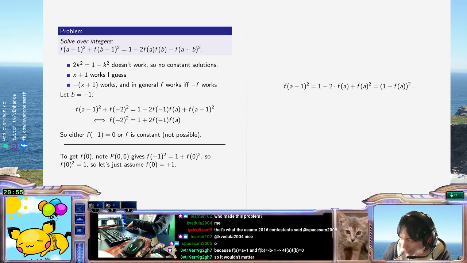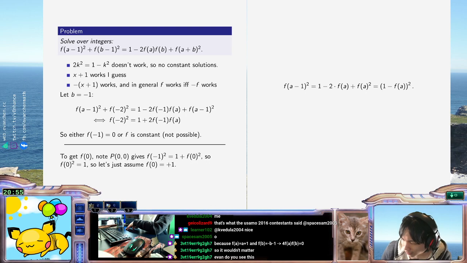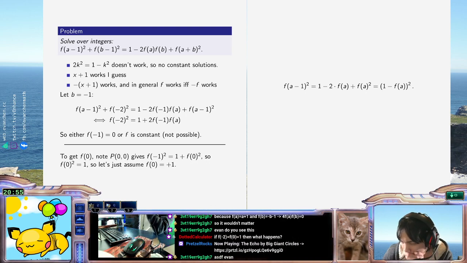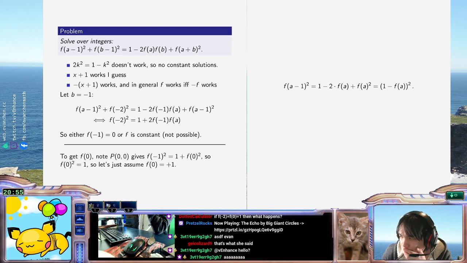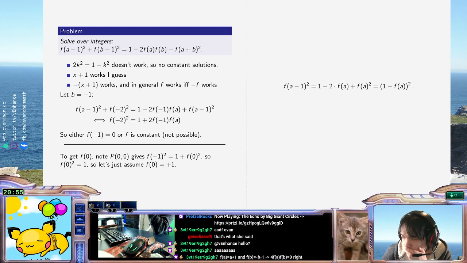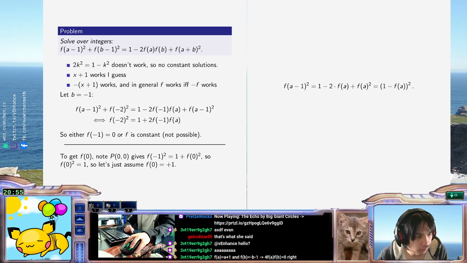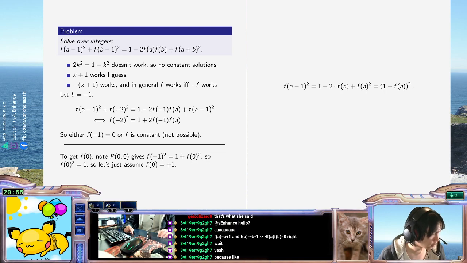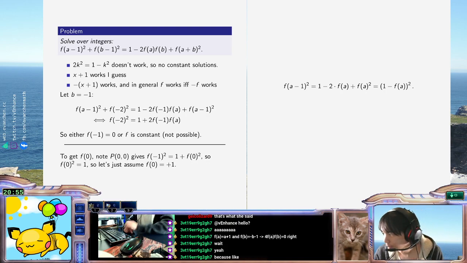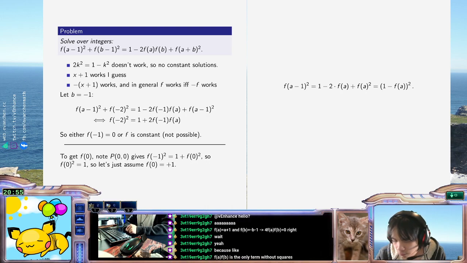Or maybe the mod function just works. F of b equals minus b minus 1.